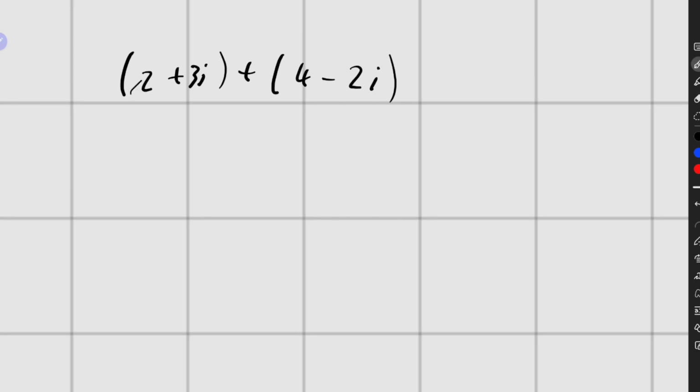So you have your 2 and your 4 add up together to get 6, which is your real part, and your imaginary part, 3i minus 2i, just equals 1i, or i, right? And that's your basic addition of complex numbers. So all you have to know is when you're adding or subtracting complex numbers, you add and subtract like terms, do not do otherwise. This is the same as your algebra rules, right?